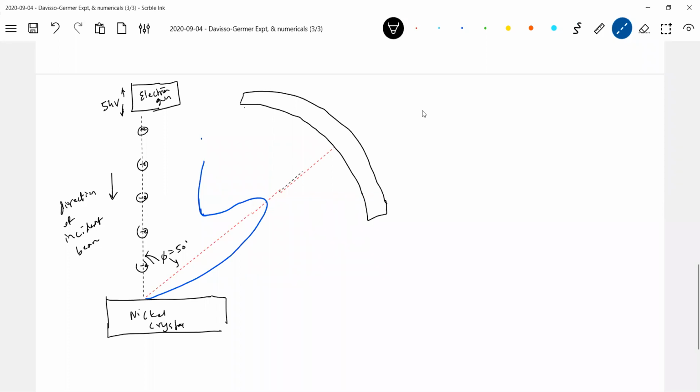This is a galvanometer. So there's a galvanometer which can, so here, how is the galvanometer? It had a tray where the electrons will come and strike that tray.